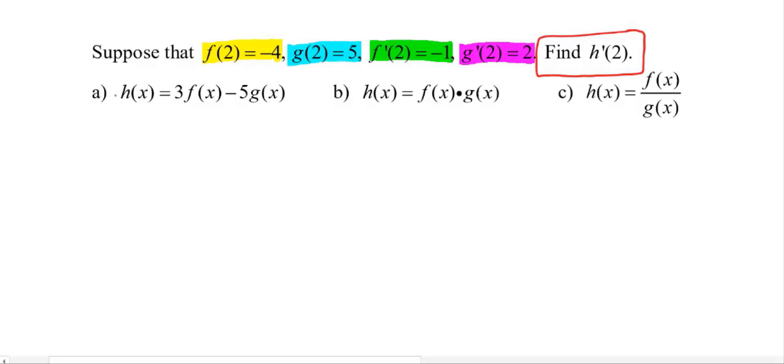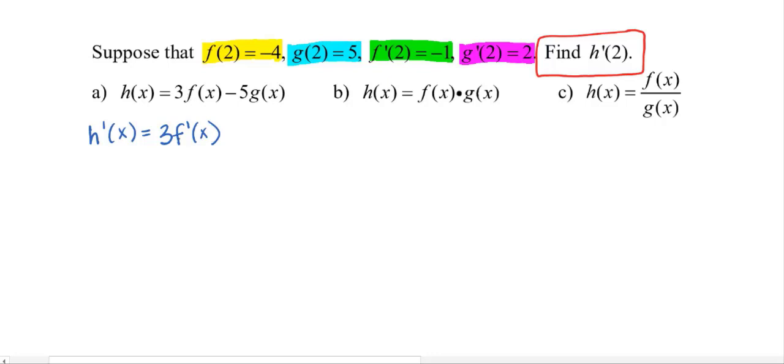So the first scenario says h of x is defined to be 3 times the function f minus 5 times the function g. So this derivative for h prime of x is going to be 3 because coefficients stay, right? It's still going to be 3 times as much of my derivative, which all I know right now is f prime of x. There's no product rule, quotient rule, or anything associated with that.